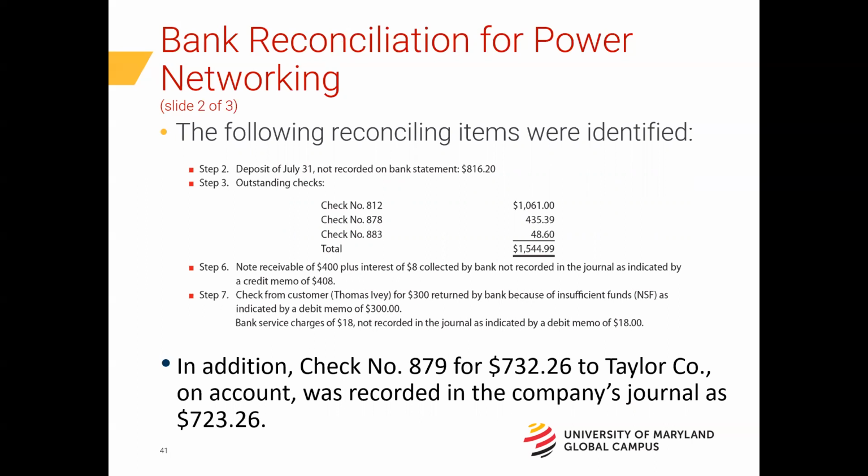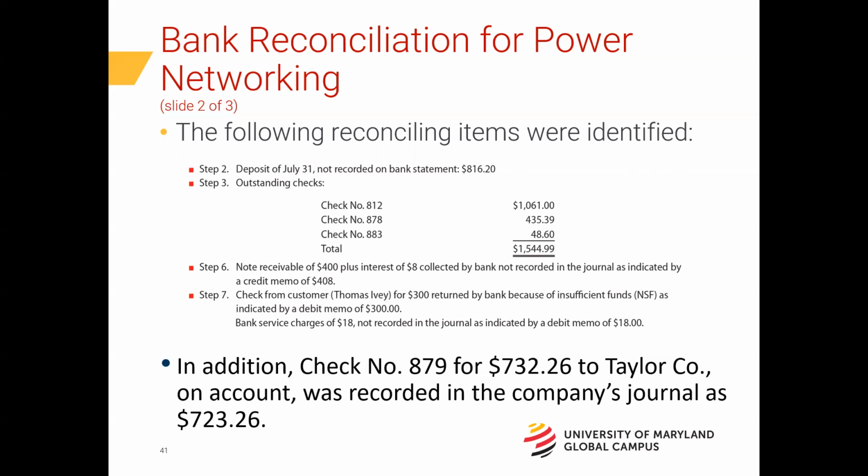So what we did in this example is we identified a deposit that had not yet been recorded on the bank statement of $816.20. We identified outstanding checks, meaning checks that have not yet been cashed, totaling $1,544.99. We identified interest that we have received from the bank that we didn't record in our ledger.